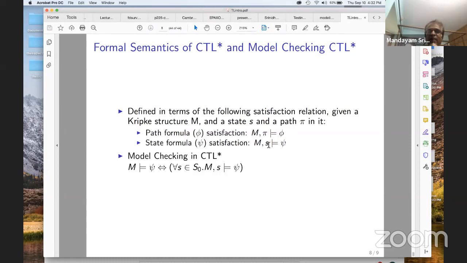And then model checking in a particular logic. This definition can be extended to any logic.